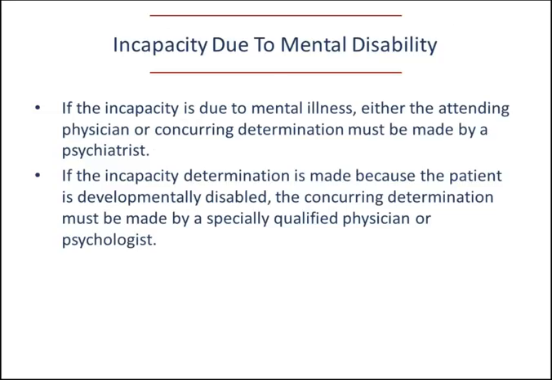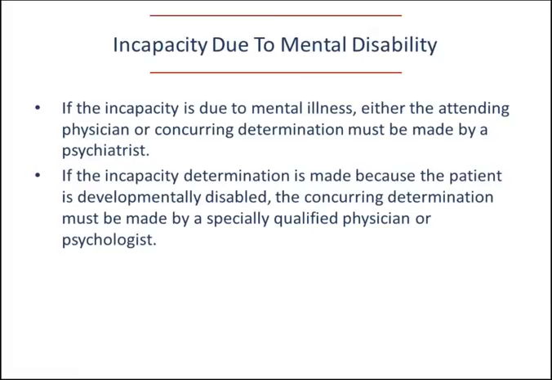If incapacity is due to a mental disability, then there has to be a concurring determination of incapacity by an appropriately qualified physician. So if incapacity is due to mental illness, then there must be either the attending physician or a concurring determination must be made by a psychiatrist.